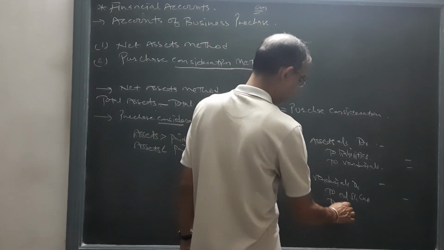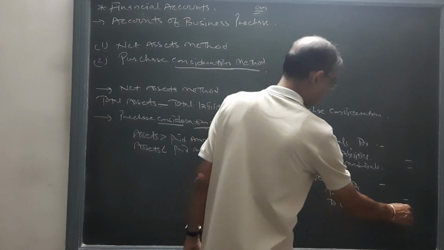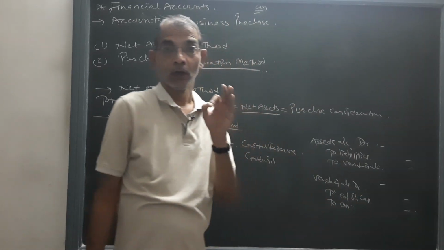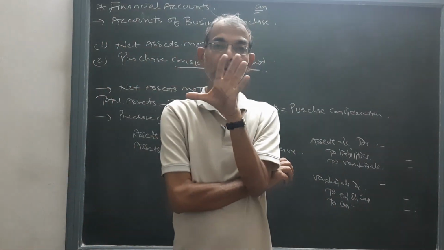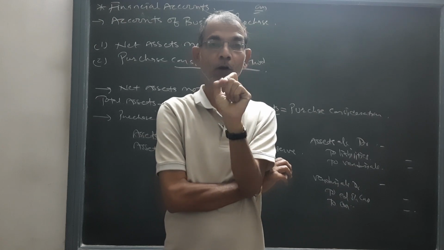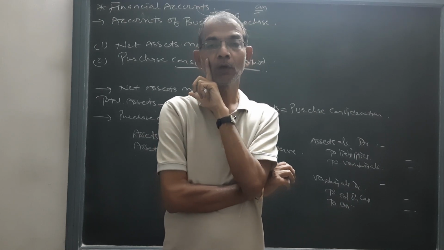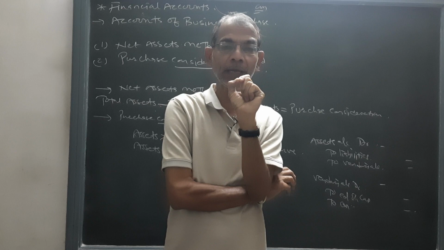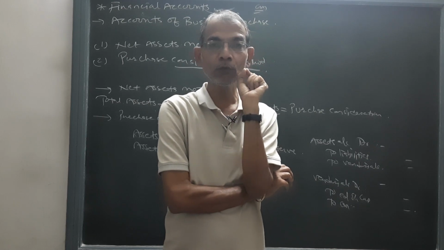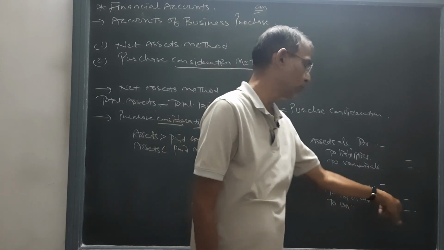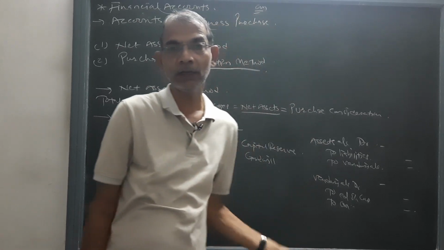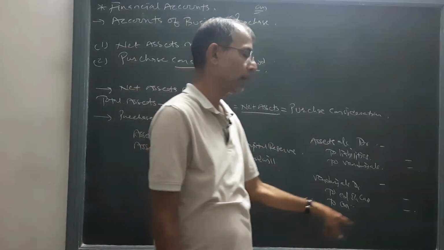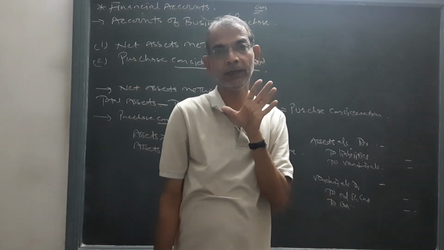Suppose the company has purchased a firm for 1 crore and the company is paying 80 lakh as equity share capital. So 80 lakh equity share capital will be credited and 20 lakh cash account will be credited.